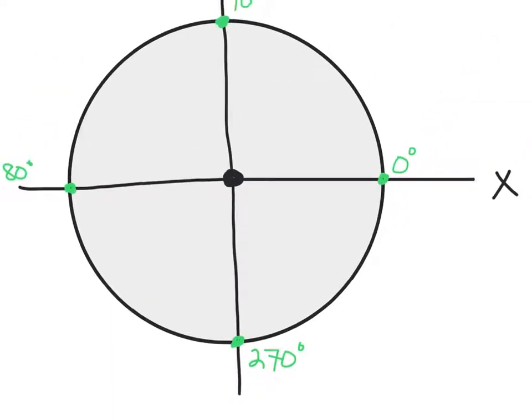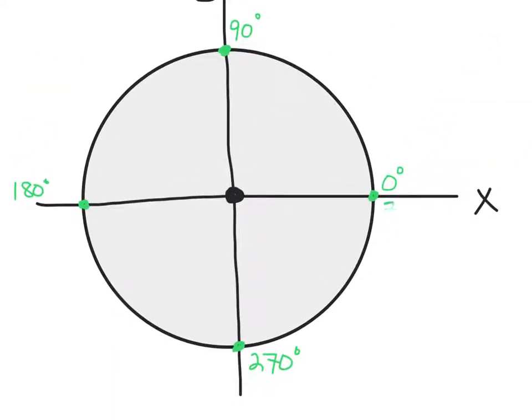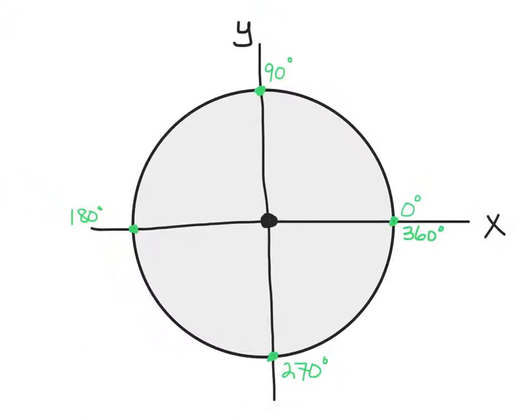And you want to come full circle, so you also want to label the same thing that you labeled 0 degrees as 360 degrees. Also remember that you need to be able to give the radians for each of these. Although the degrees for each angle need a degree symbol as a label, the radians won't use a unit.